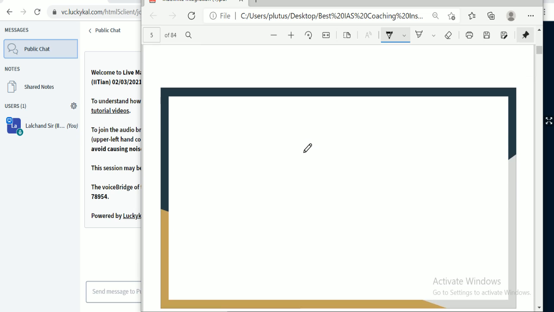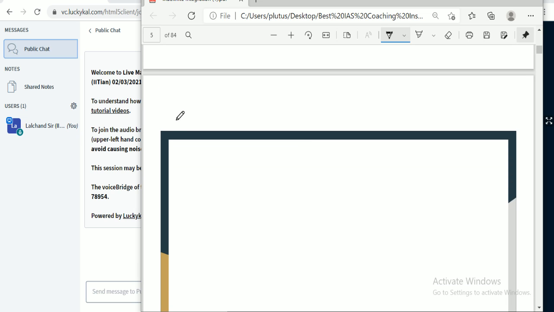So my first question is: find the limit as n tends to infinity of 1 upon (n plus 1)(n plus 2) plus 1 upon (n plus 2)(n plus 4), and so on up to 1 upon 6.